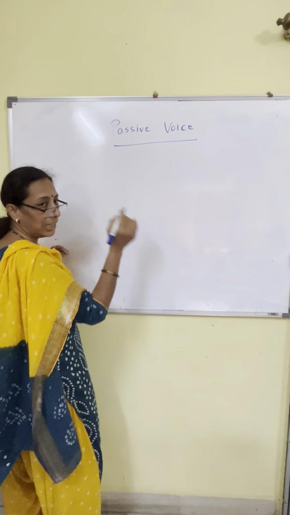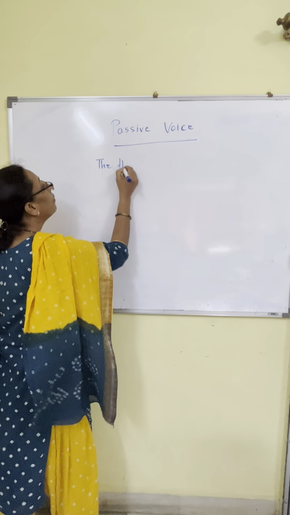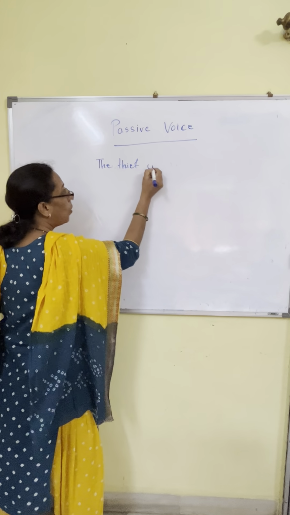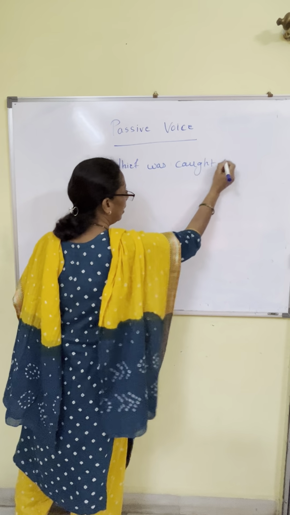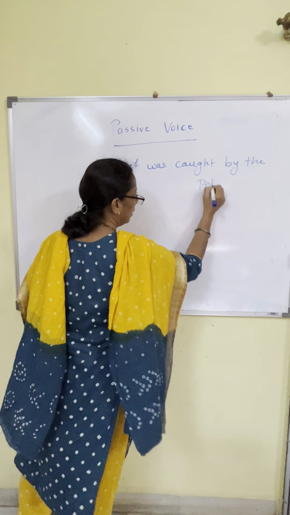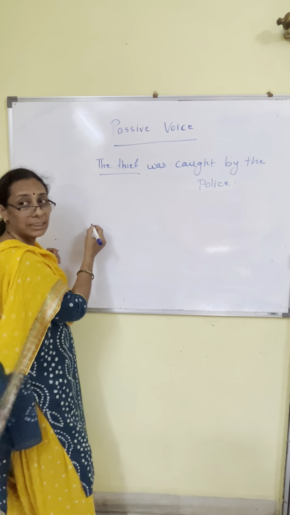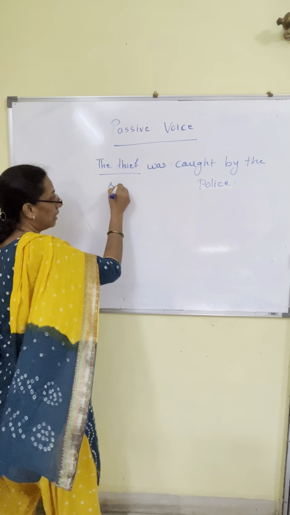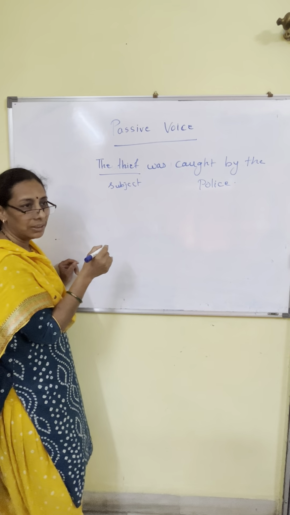Now I'll give you one example. The thief was caught by the police. Now in this sentence, thief is subject. Now let us see, is the thief doing anything here?